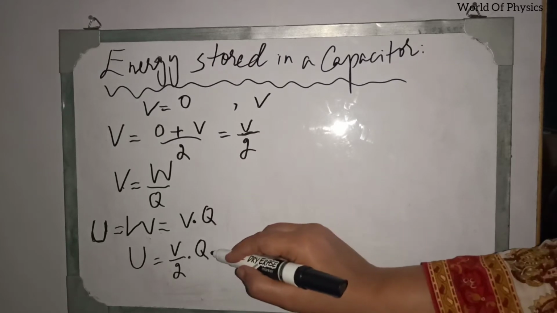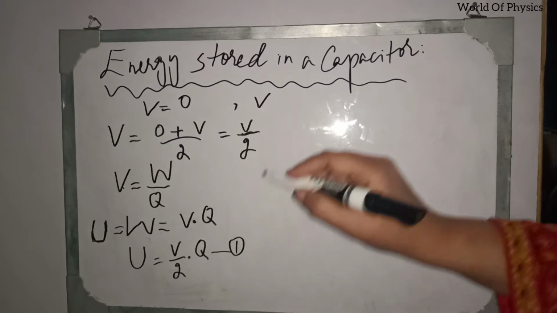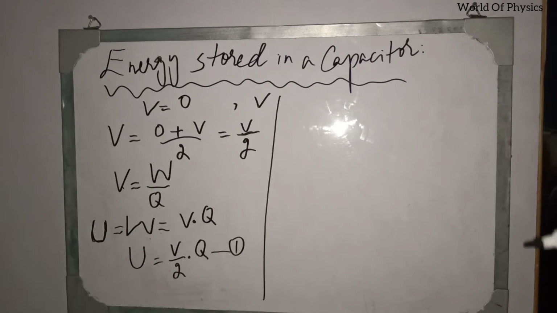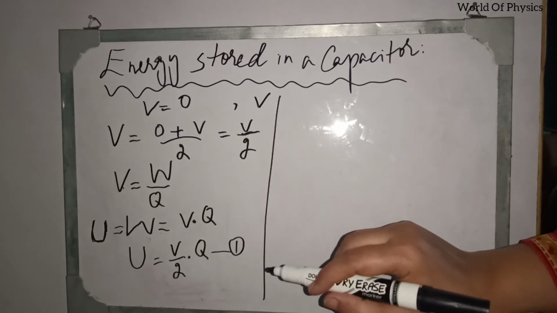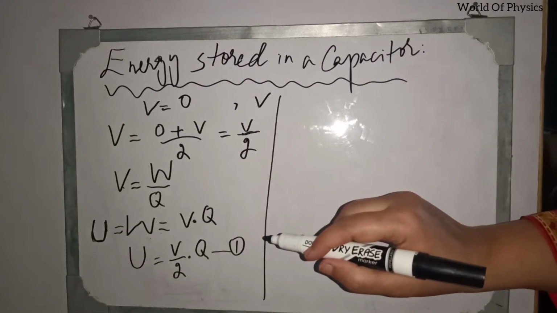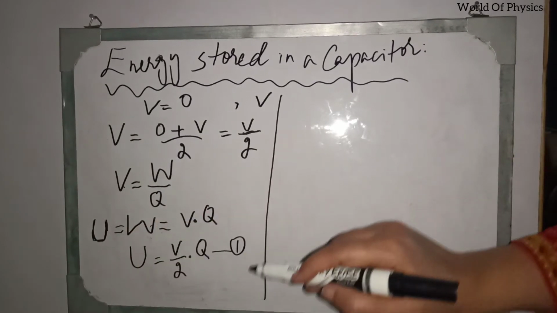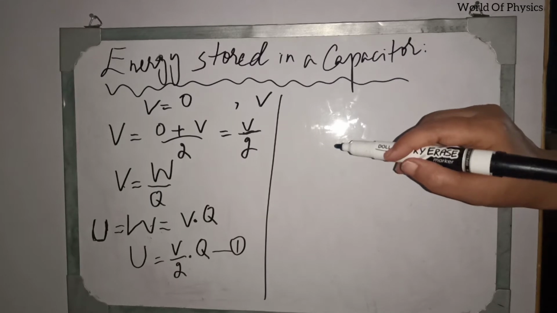Say this is equation number 1. In this way I have got the value of energy. Now I will put some more values. So we have changed the value of work to energy, because energy and work are interconvertible terms.